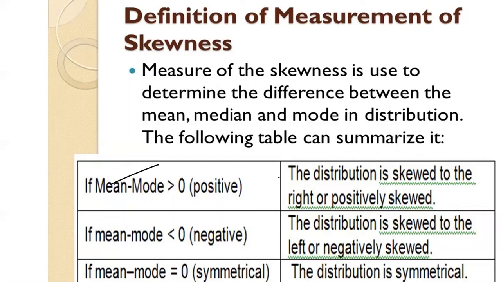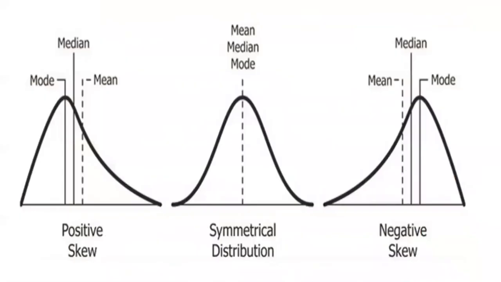When mean minus median is less than 0, the normal distribution curve will be skewed to the left, and it will be called negatively skewed. And if mean minus median or mode is equal to 0, the distribution will be symmetrical. Here any sort of skewness will not exist.